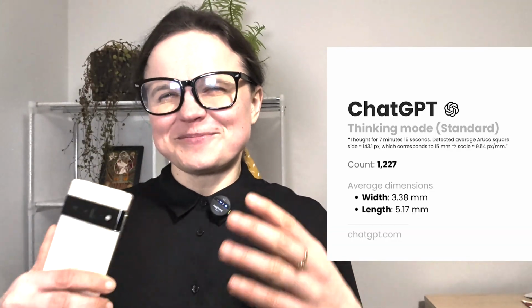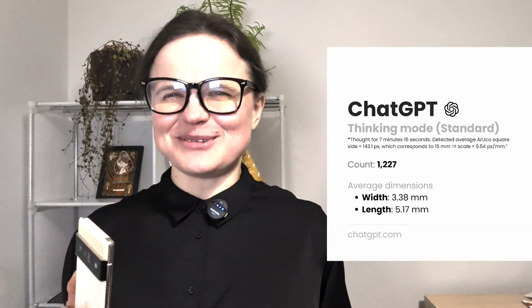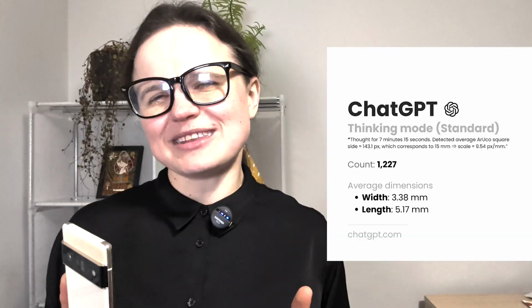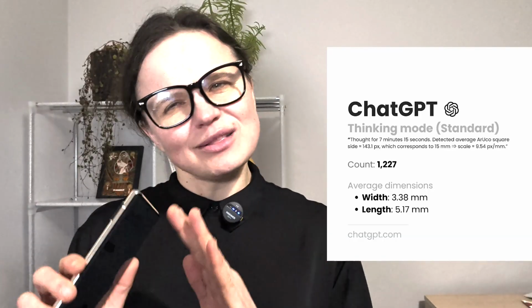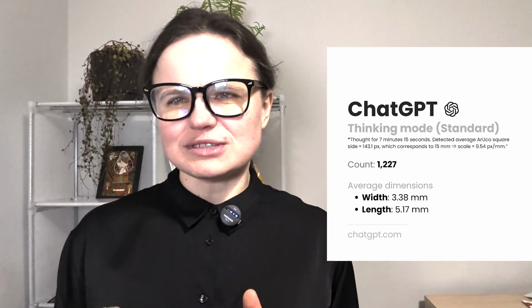I don't know what's behind the screen in ChatGPT, and yes, you can always check the thinking process, but with area it was not so good, while with counting and the dimensions it was fine.